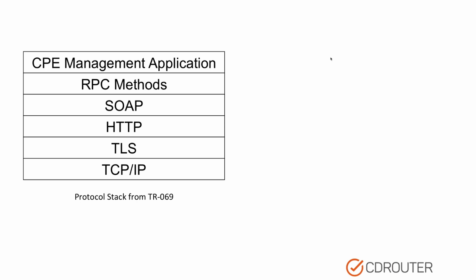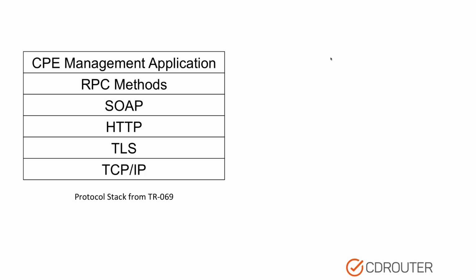And we'll talk about verifying that the basic TR-069 RPC methods work and are implemented and how to go about using them. And lastly, I want to talk about what's really under the surface. So we talk about the CPE or the CWMP endpoint management application.